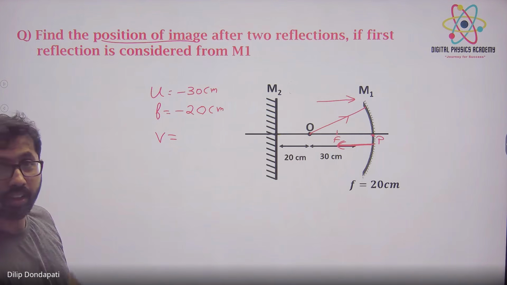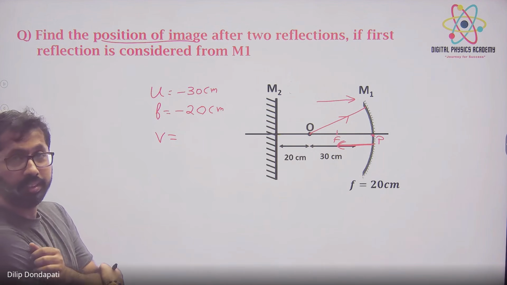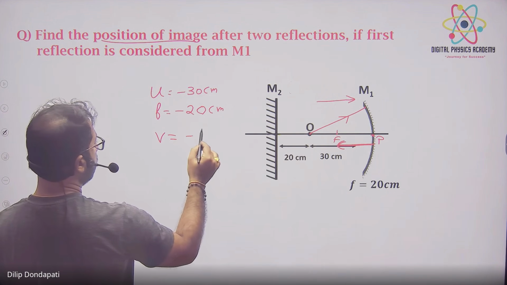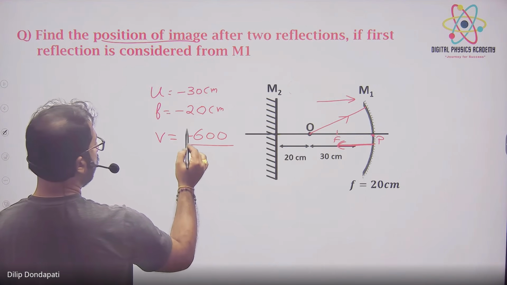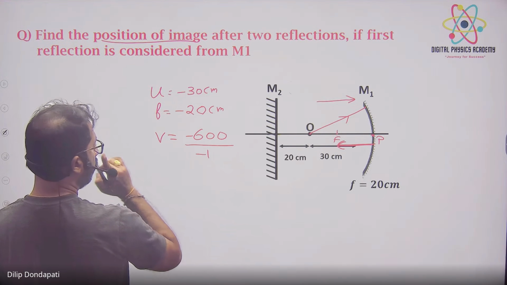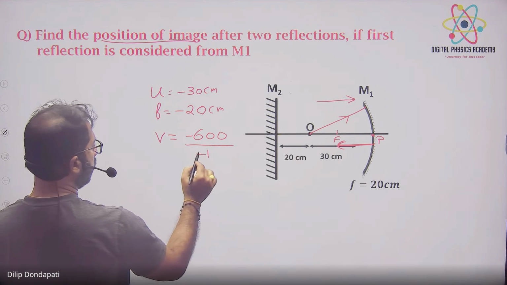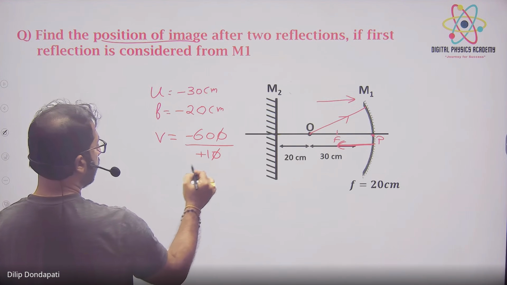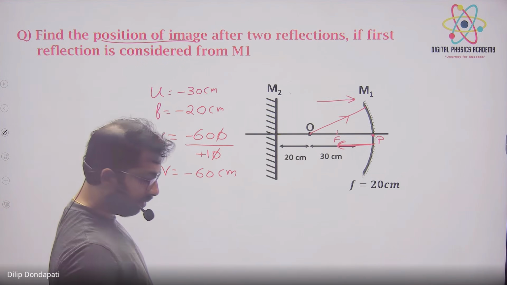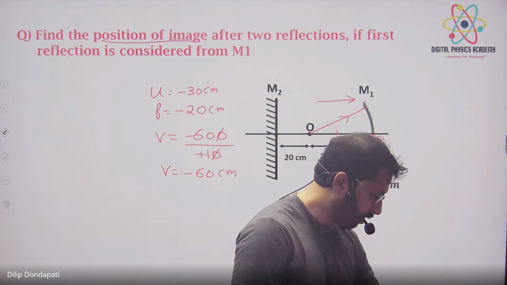So 60, right? Minus 60 will come. UF means how much? Minus 600 by U minus F. So minus 10, plus 10, right? U minus F, so plus 10. So minus 60. The final answer is minus 60.